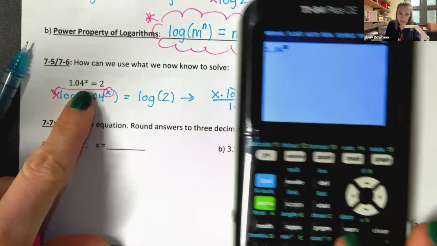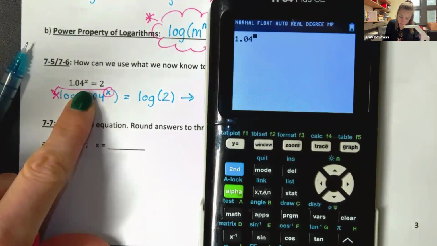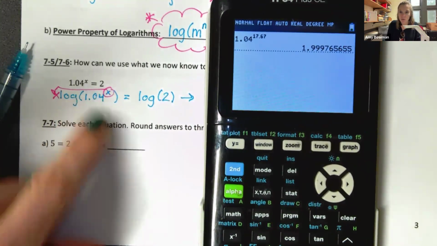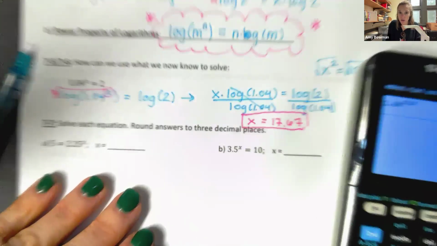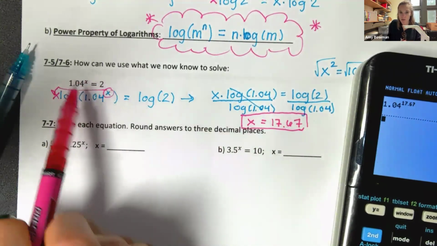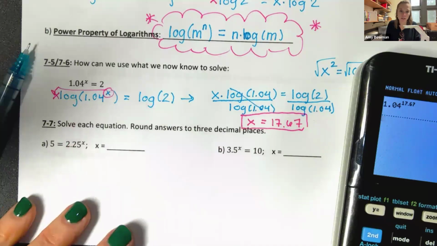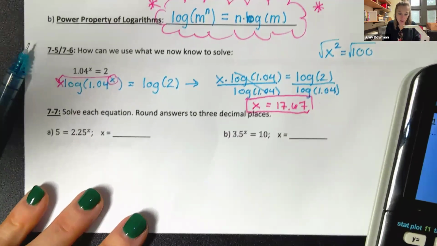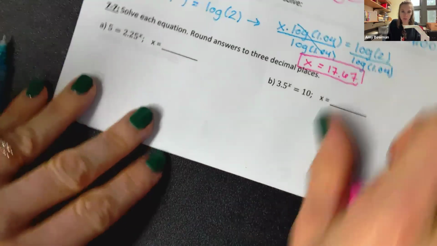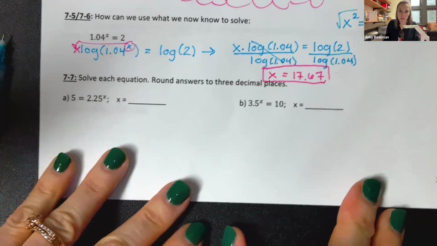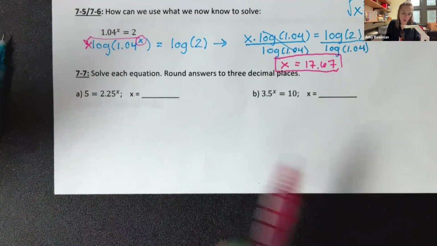So 17.67, 1.04 raised to the 17.67. It's not going to be exactly 2, but it's really close because we did round it. But that's a quick way to check it. Just plug your answer back in as the exponent in your original equation and make sure that that makes sense. So again, now we have this awesome tool to solve exponential functions that we just haven't been able to before.